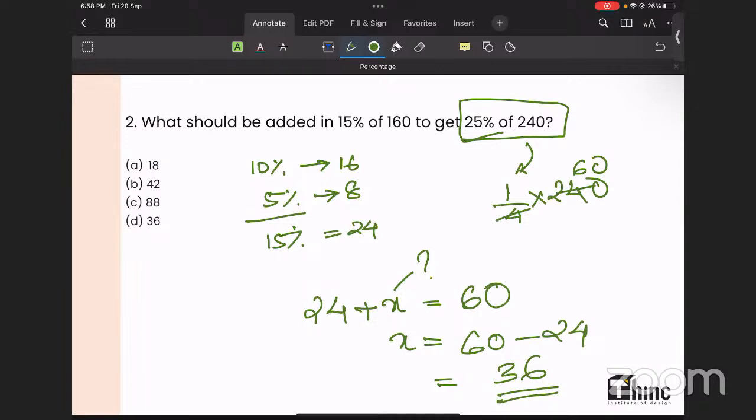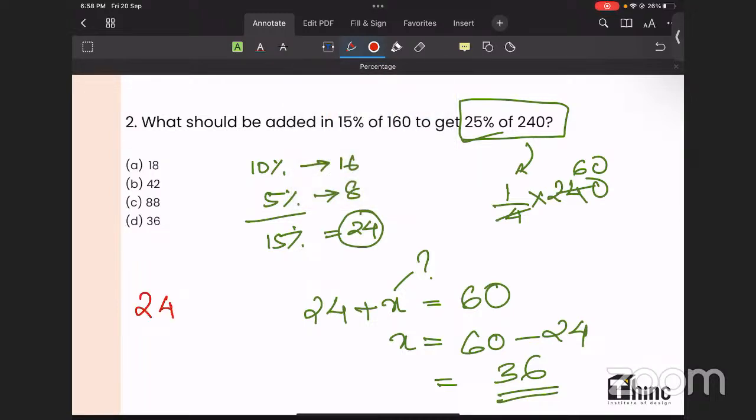So today we just learned the basics. 15% of 160 is 24, so 16 plus 8 is 24.